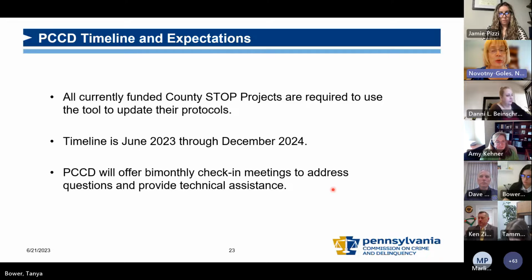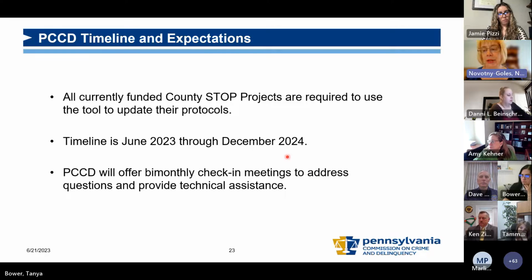But we will be checking to make sure that all the required sections in the protocol development guides are covered by your protocols. So we're expecting STOP teams to complete the process of using the protocol guides between now and the end of the current grant period, which would be December 31st, 2024.